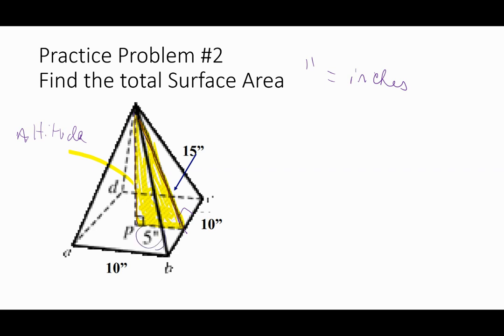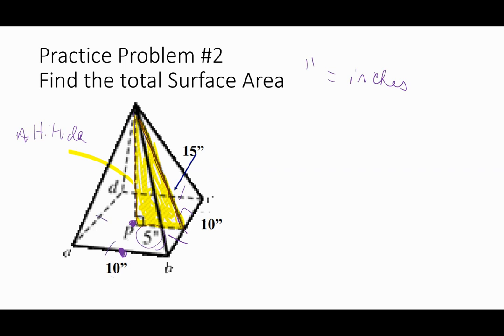But look at the relationship between the 10 and the 5. So if we were to put this right here, we would know that the 5 is half our 10. It's half our 10 because this drops down into the exact center of our figure because we have a regular polygon.